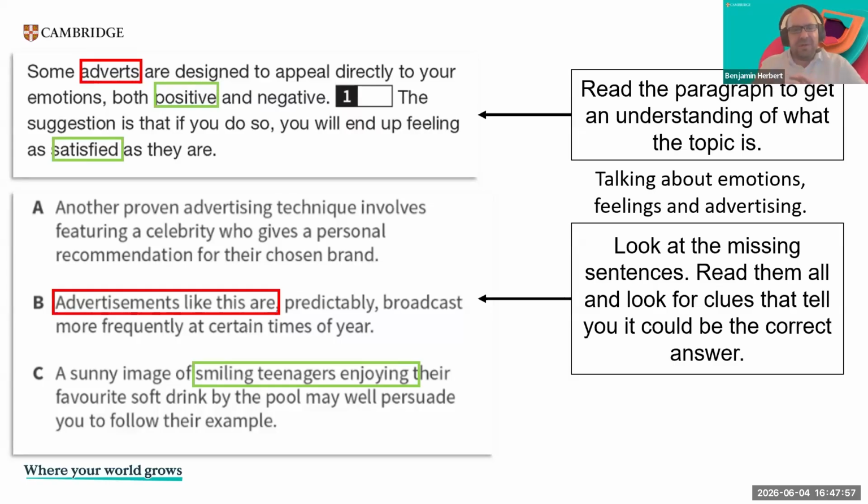So we can move from that top-down understanding to help us rule out, let's say out of the 7, we've ruled out 5. If I need to choose between 2, I can now start doing the bottom-up processing. I can start looking at the linking words, the synonyms, trying to find out which sentence would fit best.